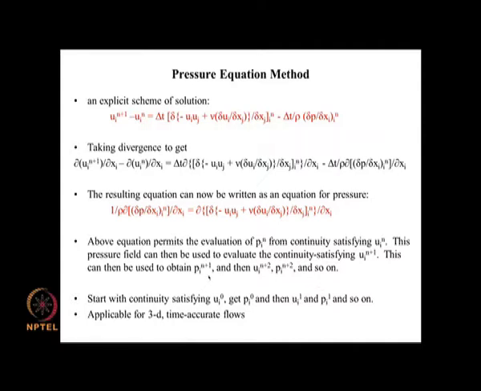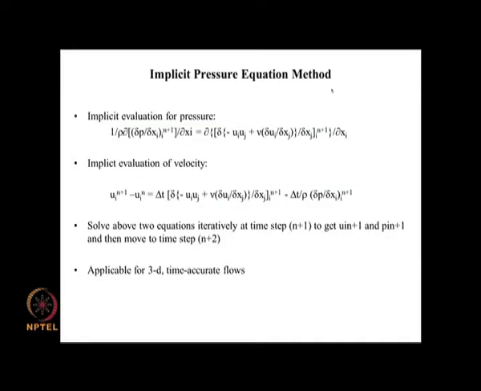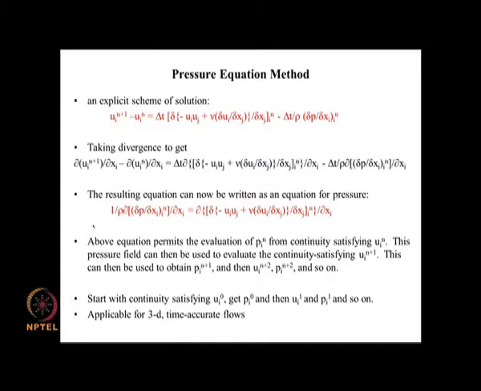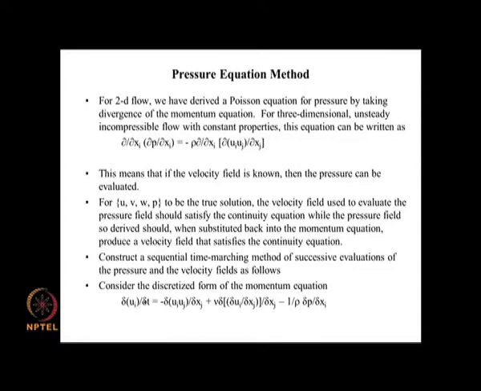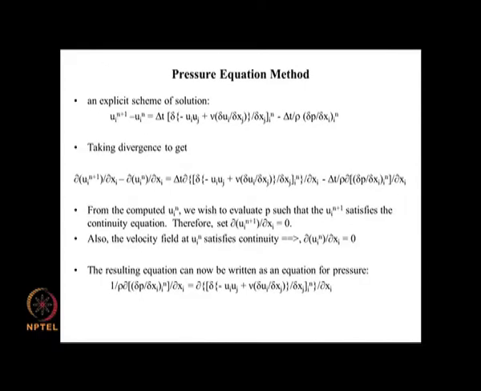We can also construct an implicit pressure equation by a very similar concept. We got this equation here for pressure by writing this in explicit form here. But if you make the velocity field implicit here, then this is the equation, and we started by making an explicit scheme like this.